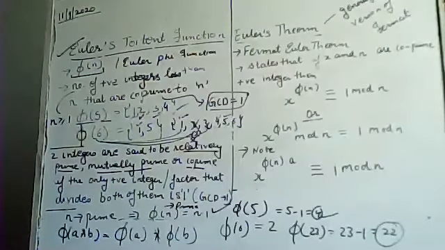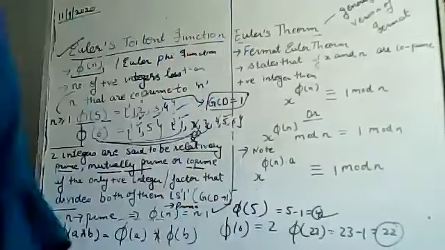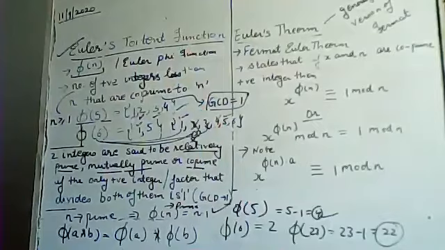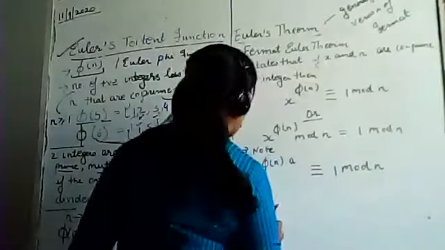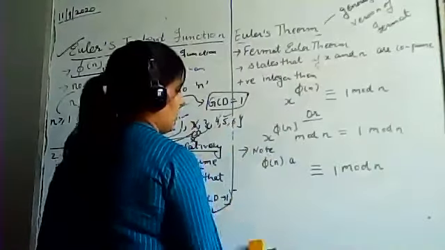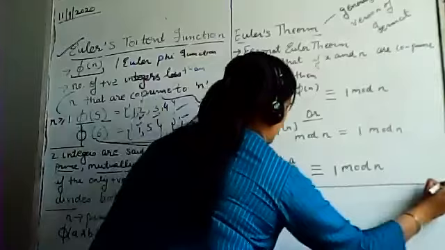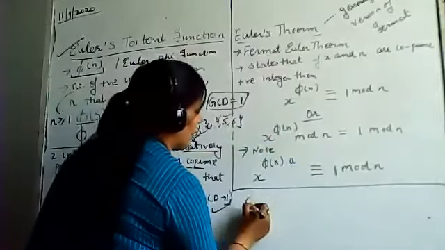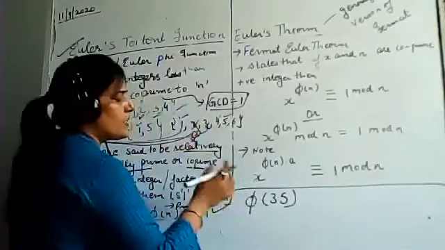Now let's suppose I have a value and I need to calculate it, that is 35. This is just an example. Let's suppose I need to calculate the value of phi of 35. Now this is not a prime number.